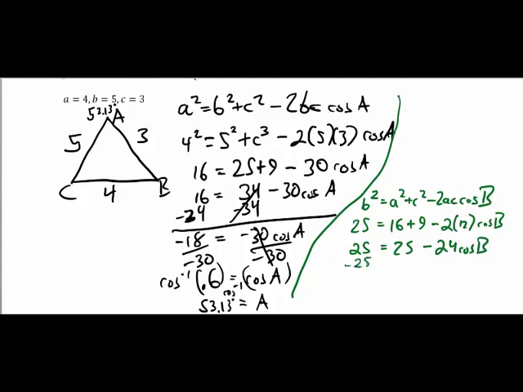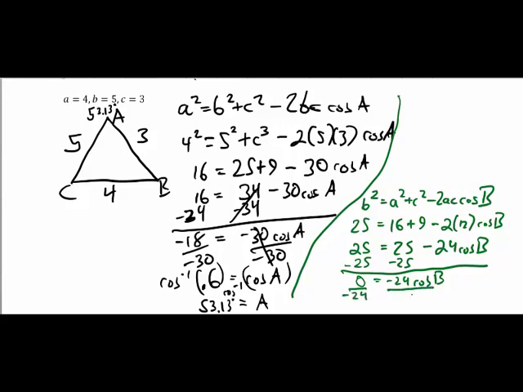I'm going to subtract 25 from both sides. Well, that's 0. Equals negative 24 cosine B. A couple students at this stage might say to themselves, well, there's no way the angle's 0, and you're right, the angle's not 0. Finish the problem.